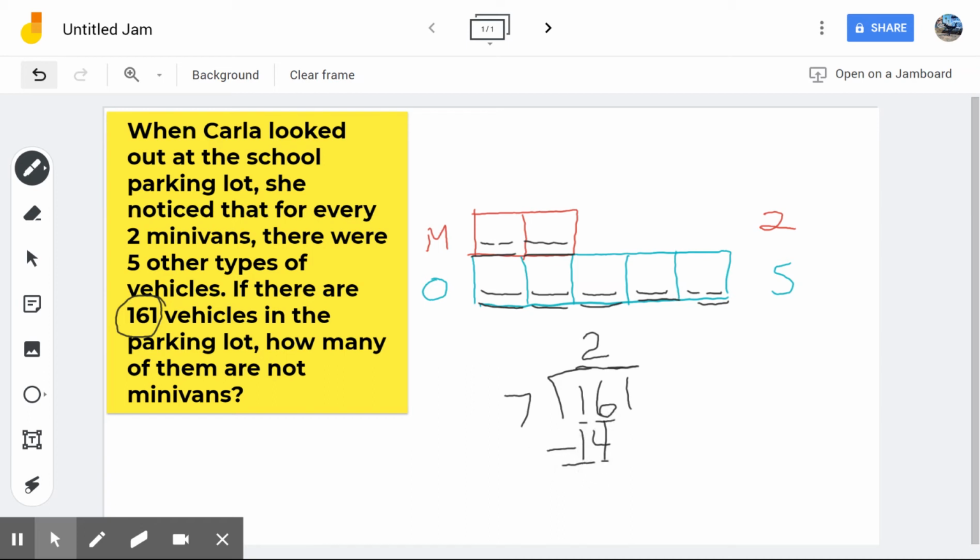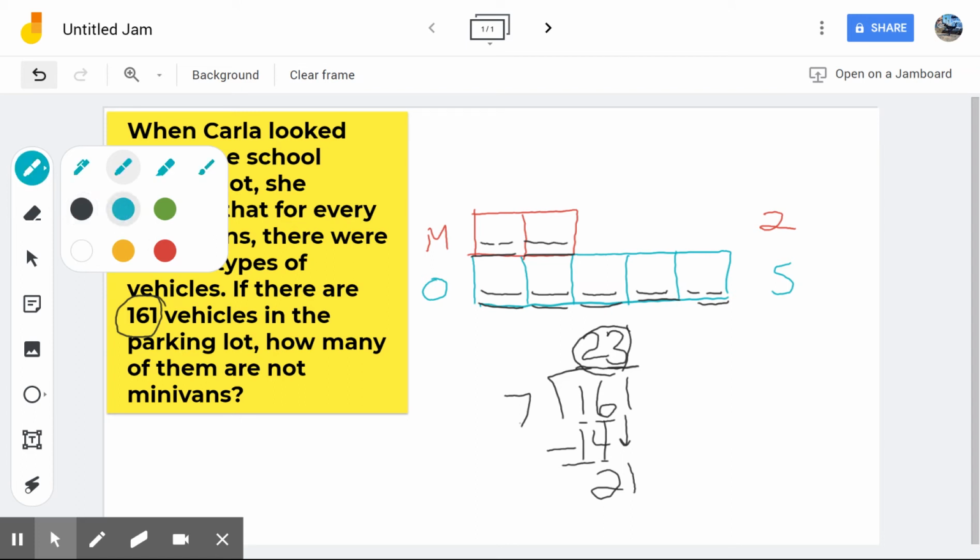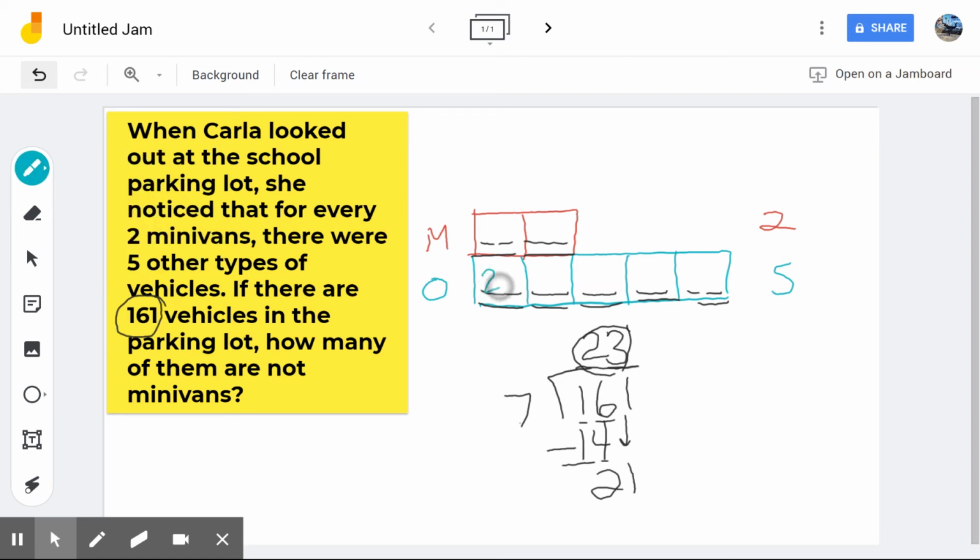That leaves a remainder of 2 in the tens place and 1 in the ones place. How many sevens make a 21? That would be 3. So after I've done this division, I now know that 23 is the number that I write inside of each group.